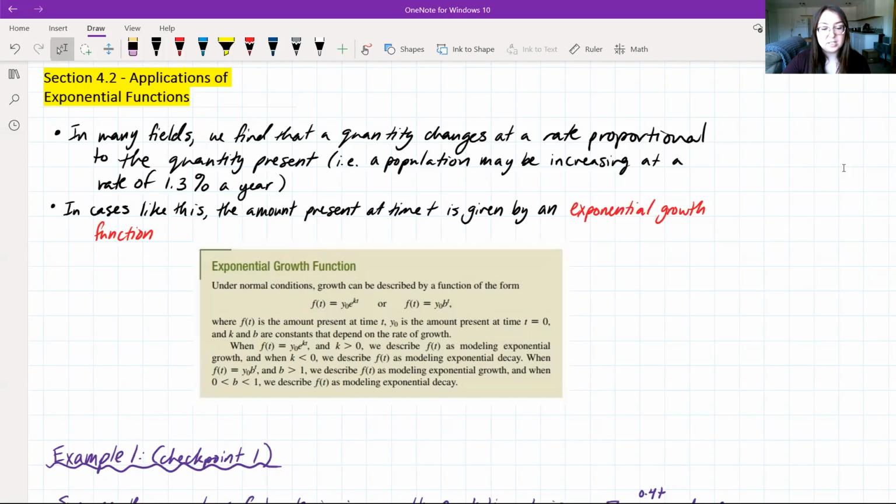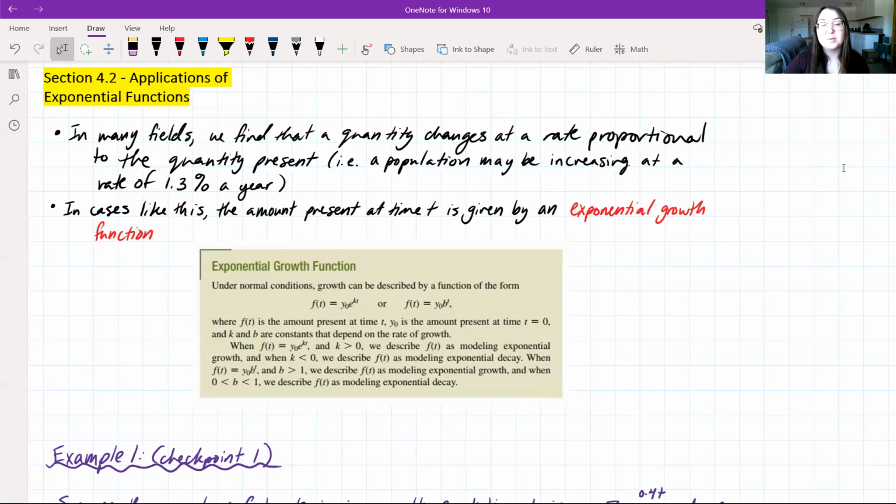So when f of t is equal to y naught e to the kt, and k is greater than 0, we describe f of t as modeling exponential growth. And then when k is less than 0, we describe f of t as modeling exponential decay. And then similarly, when we have f of t is equal to y naught times b to the power of t, and b is greater than 1, we describe f of t as modeling exponential growth.